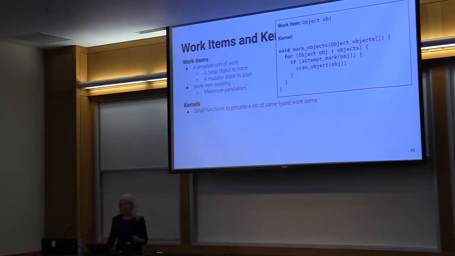Okay? All right. So then these small functions that operate on objects and process the same work items are highly concentrated. That has so many advantages. Now I only have to prove that that's correct. I only have to debug that part of the code. It's not spread all over 200 different methods and 30,000 lines of code.